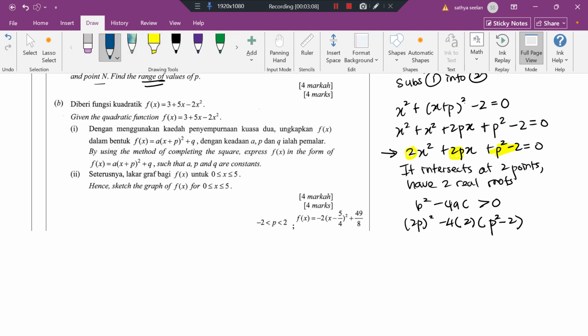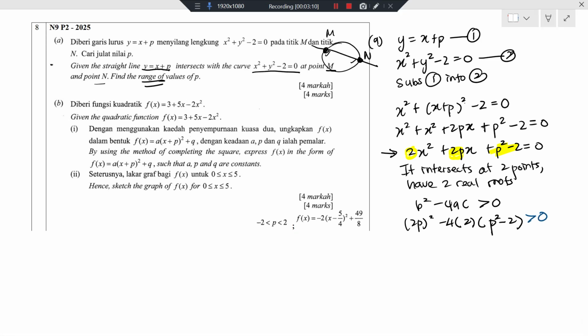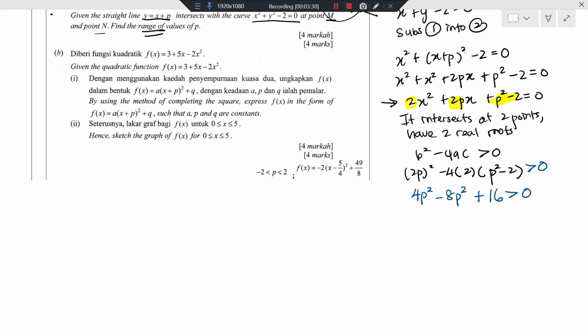Okay, now let's do this. We get 4p square minus 4 times 2 times p square minus 2, that is minus 8p square, and then minus becomes positive. 8 darab 2, 16 lah, correct yeah. So what do you get?